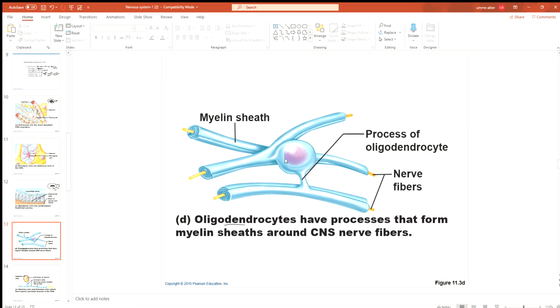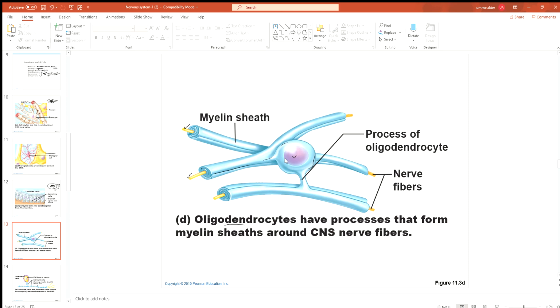This is the cell body, this is the nucleus of the oligodendrocyte, and you see from the cell body the extensions come out, and those wrap the nerve fibers.